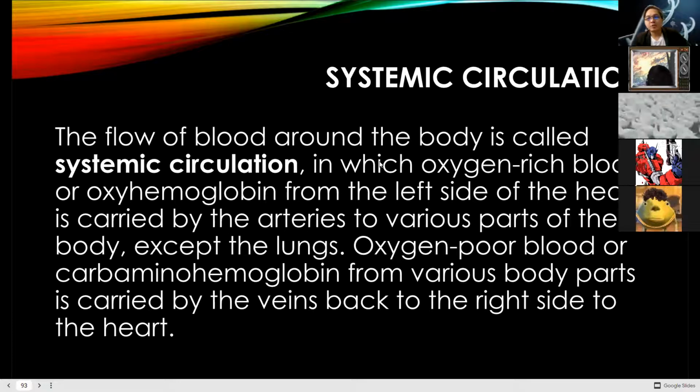Oxygen-poor blood or carbaminohemoglobin from various parts of the body is carried by the veins back to the right side of the heart.